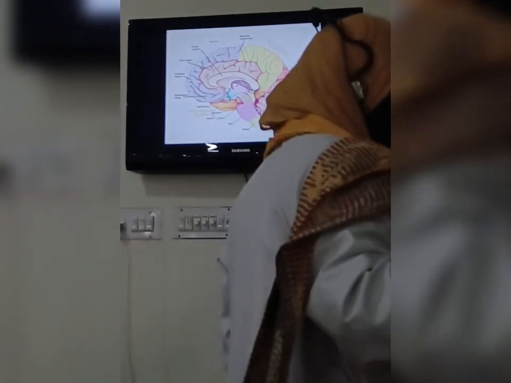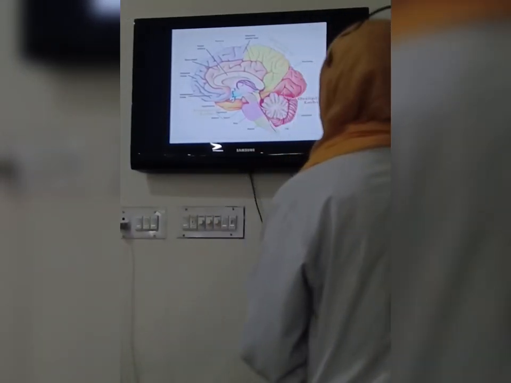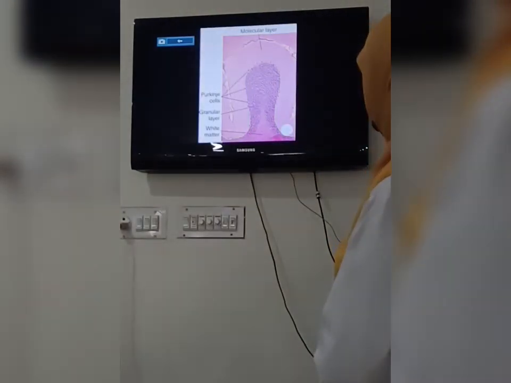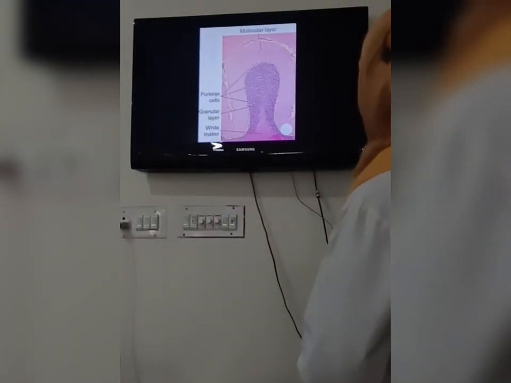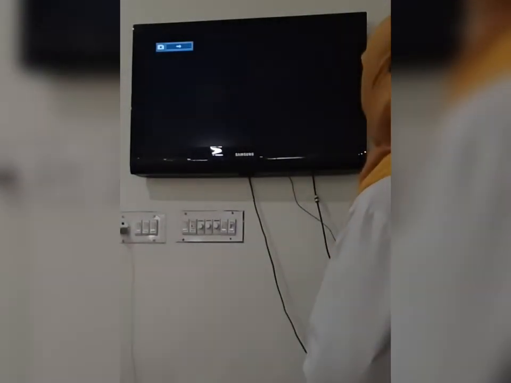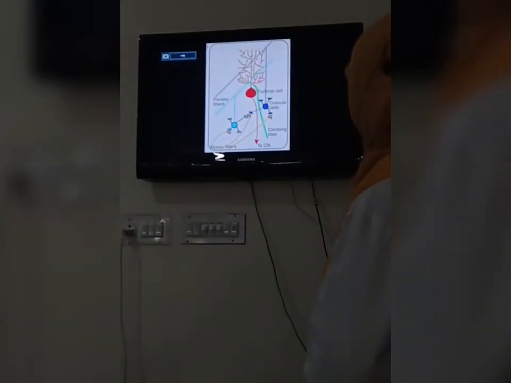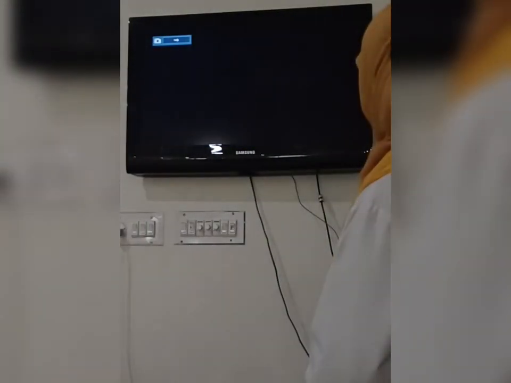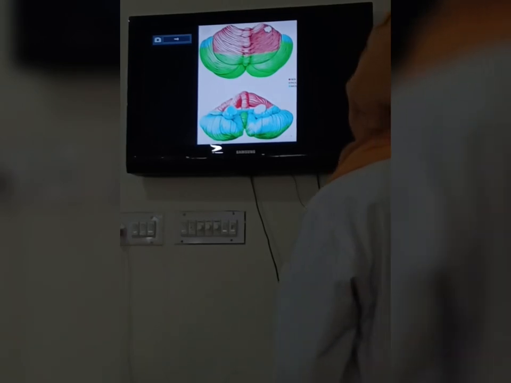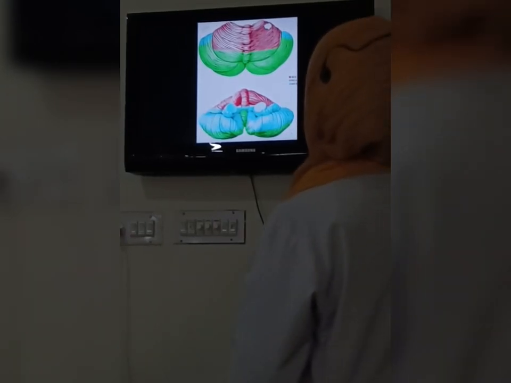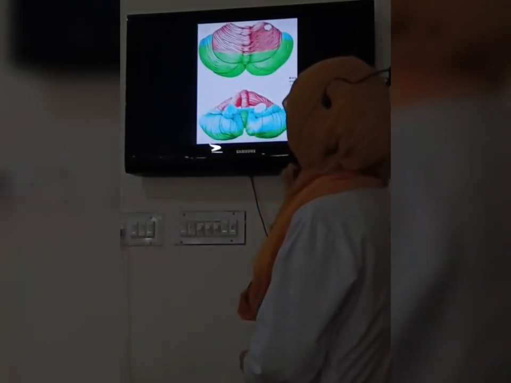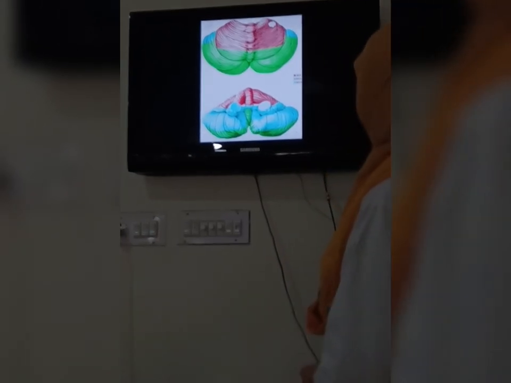Okay. What else in its gross appearance should we learn? Let me find some other picture. Then we will move towards the histological features. Yeah. You can see that there are two cerebellar hemispheres, just like that of the cerebral cortex.